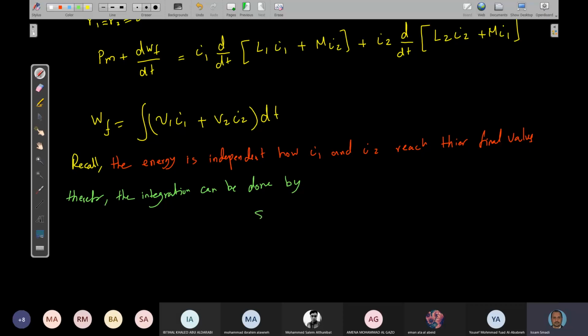Stage number 1, I will assume that I2 equal to 0, and I will evaluate the integration as I1 is changing from 0 to its final value. Then I will re-evaluate the integration under stage number 2 when I1 is reaching its final value while I2 is changing from 0 to its final value.